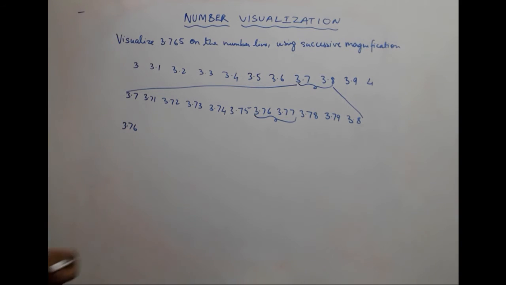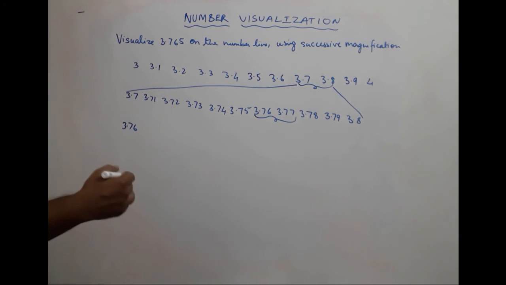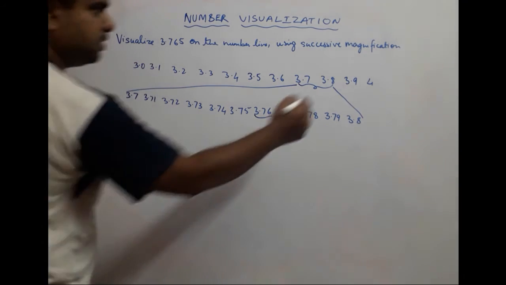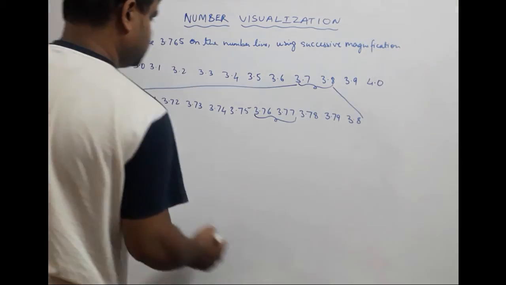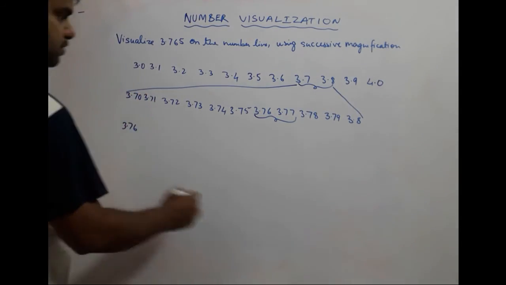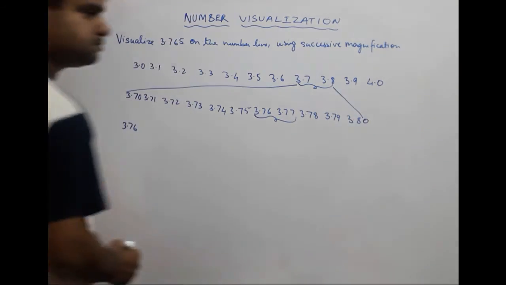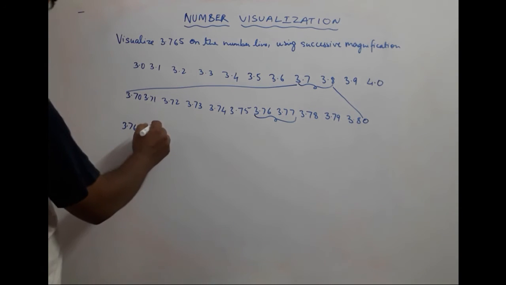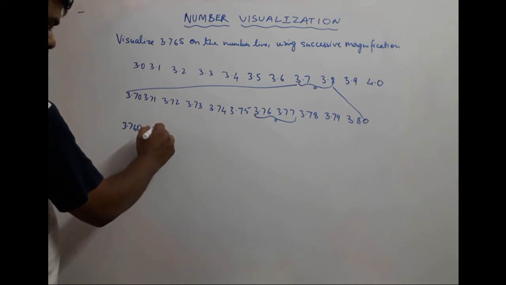For simplicity's sake, if you feel you're getting confused, you can put 3.0 over here and 4.0 here. Similarly, you can put 3.70 over here and 3.80. That is all right. Even here you can put 3.760. That is absolutely correct.